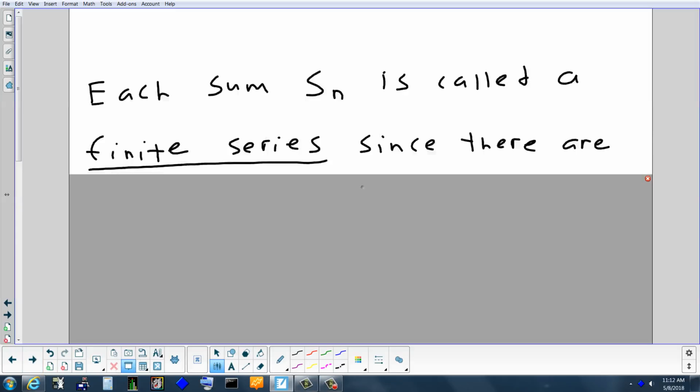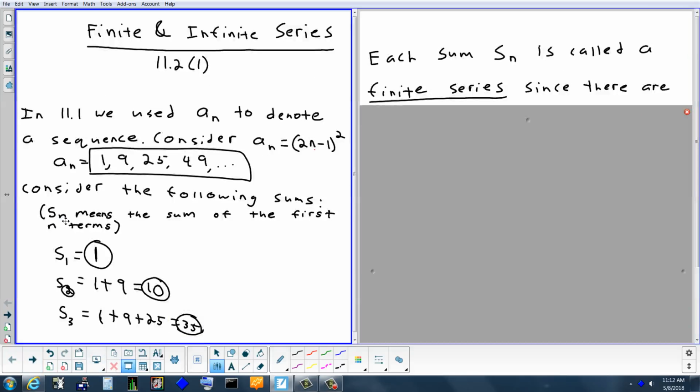All right. So each thing that I just found, S1, S2, S3, these are called a finite series. Finite means you added up a certain amount of things. Finite means it does not go on forever. S sub 3, 1 plus 9 plus 25. That's it.